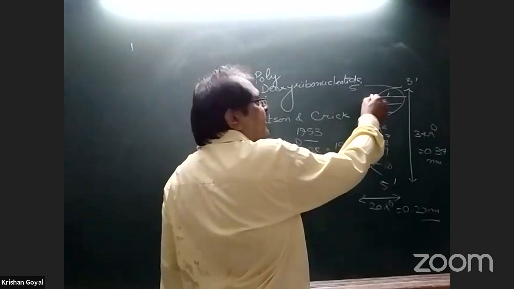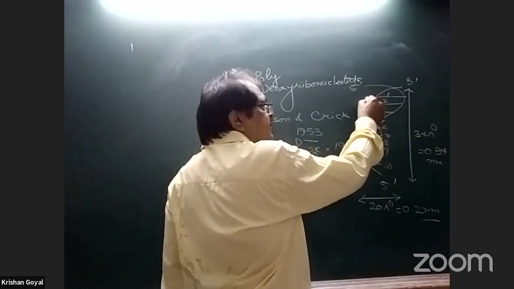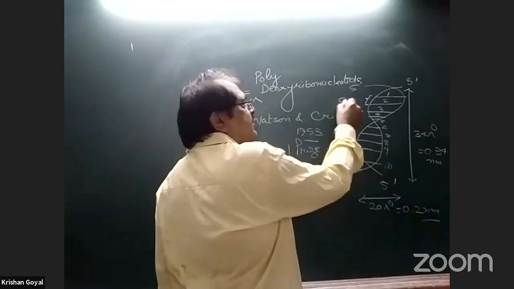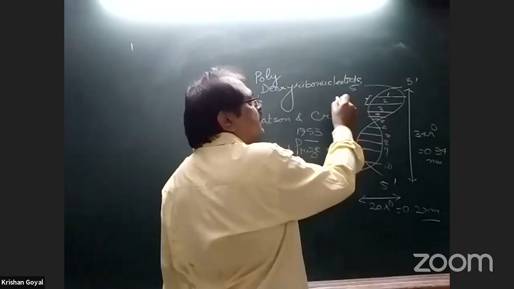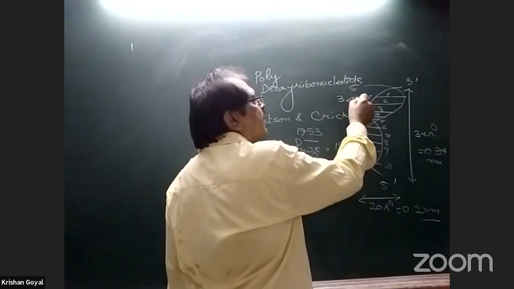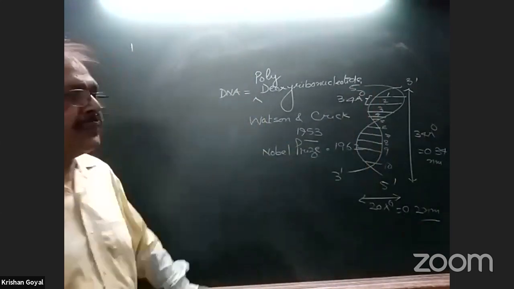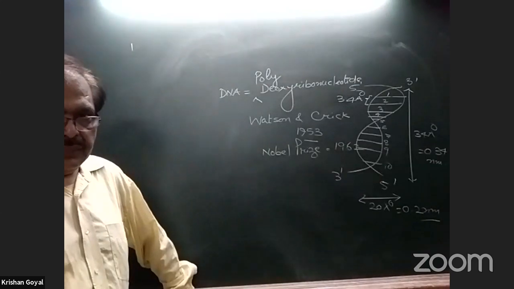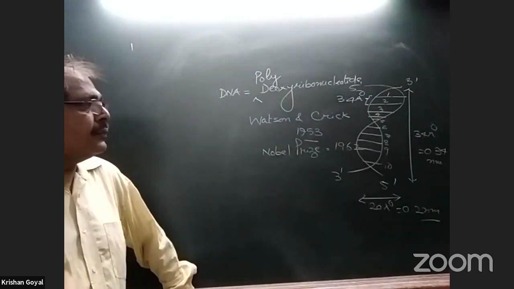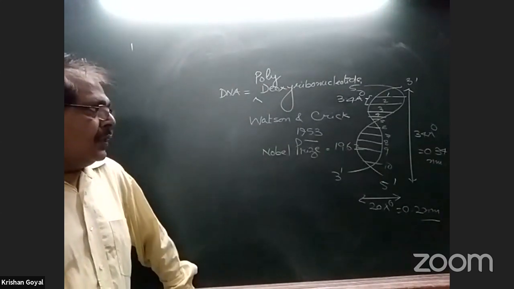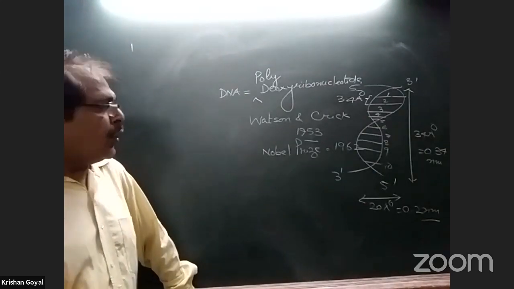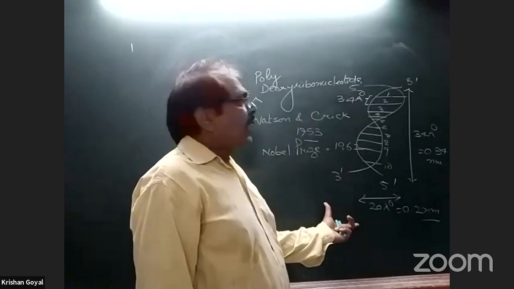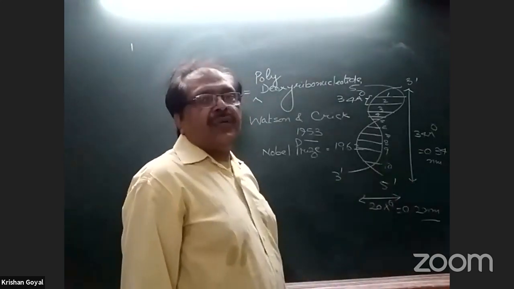Therefore, the distance between any two consecutive pairs is 3.4 angstrom units. So this is 20 angstrom units, and this is 34 angstrom units.